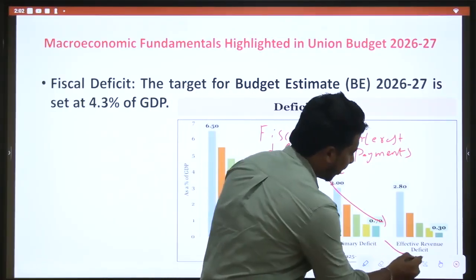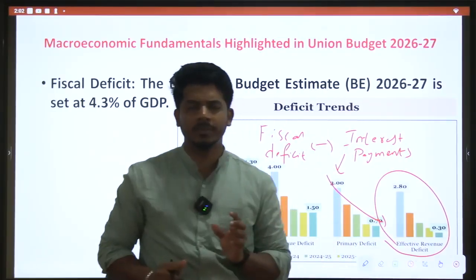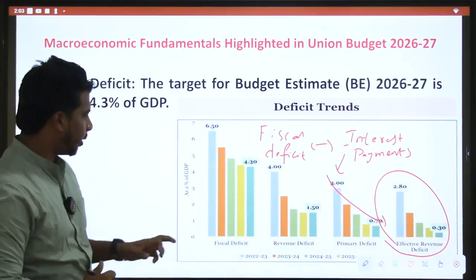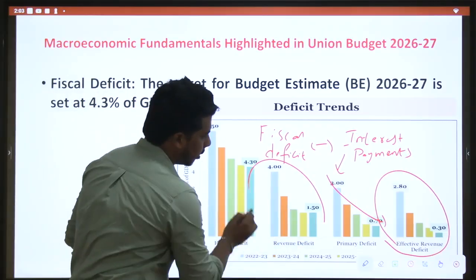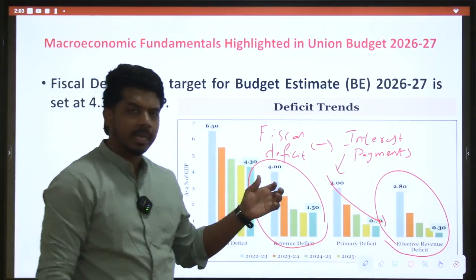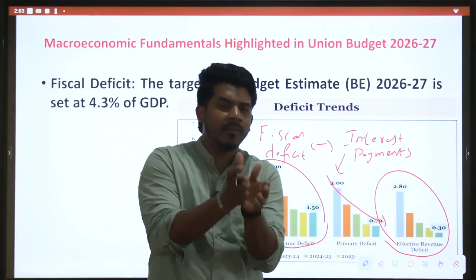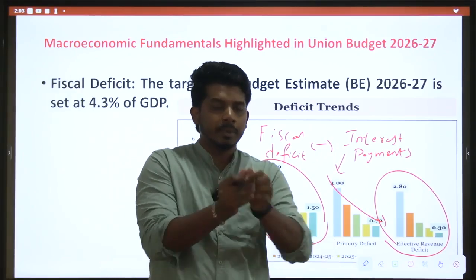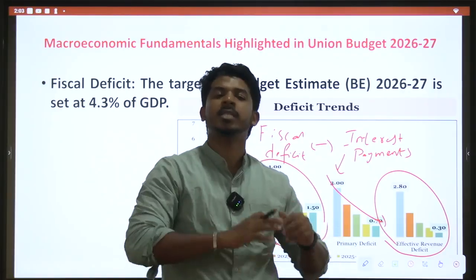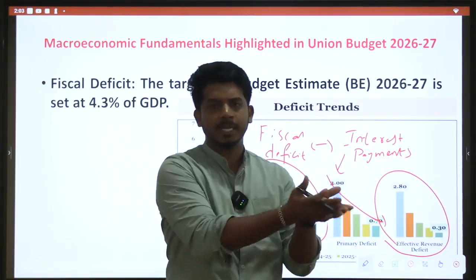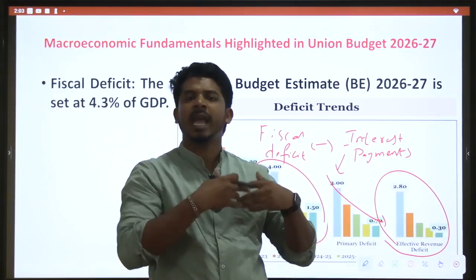Then comes the effective revenue deficit. What is effective revenue deficit? In this revenue budget, under revenue expenditure, there are some grants given to the states which the states use as capital expenditure, for capital creation.